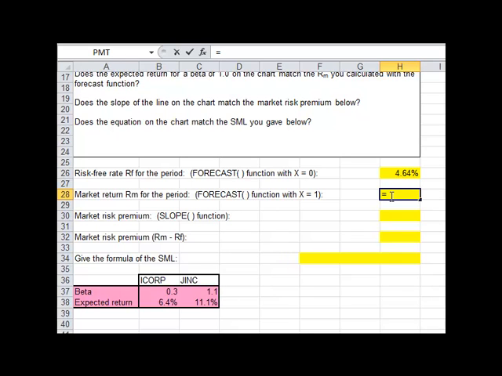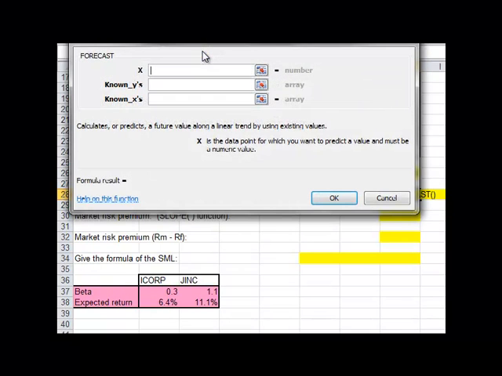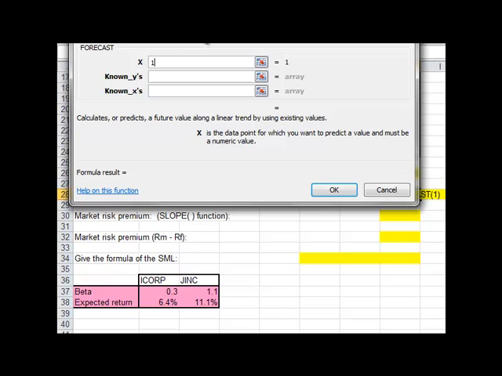The next thing I'm going to do is run the FORECAST function to calculate the market return. So equals FORECAST, open parentheses, click on the FX, and now the value of X is 1 because by definition the beta of the market is 1. Remember that it was 0 for the risk-free asset and it's 1 now for the market. And then it asks for the known Y's.